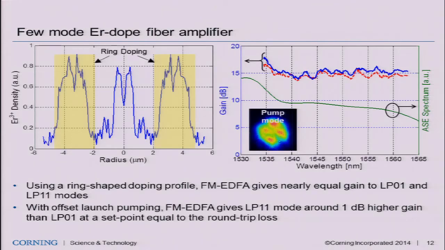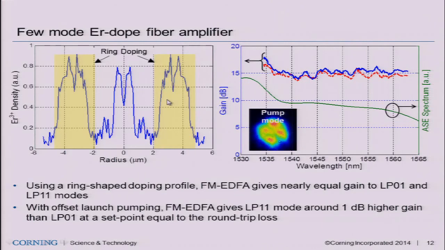So for few-mode transmission, another important component is the fiber amplifier. We need to design a few-mode amplifier to work with a few-mode transmission fiber. If you use a conventional step index design, what happens?